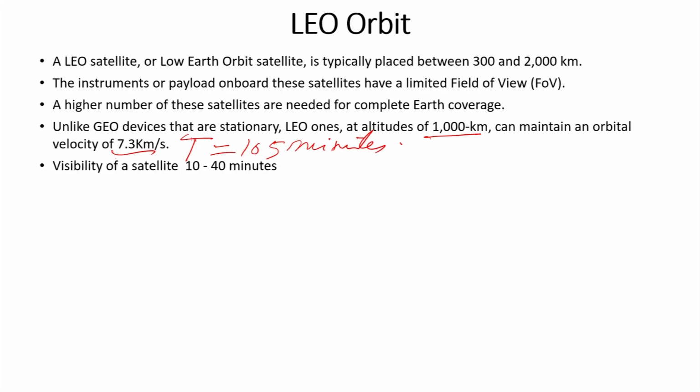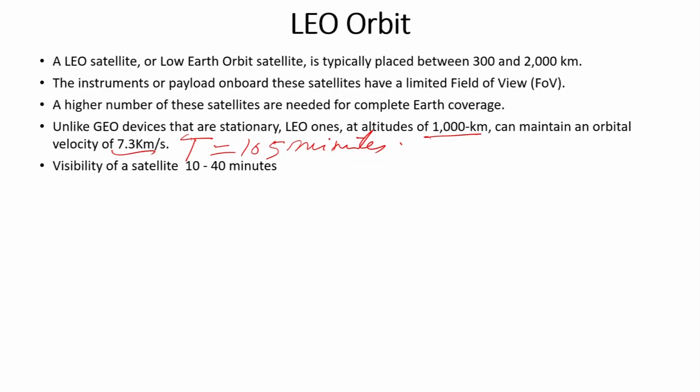The visibility of the satellite, meaning how long an earth station can see it, depends on the orbit height. The lesser the orbital height, the lesser the visibility. If I consider a 300 kilometer orbit, I can see the satellite only for 10 minutes.